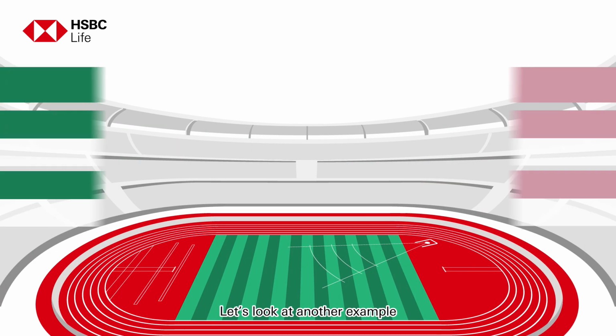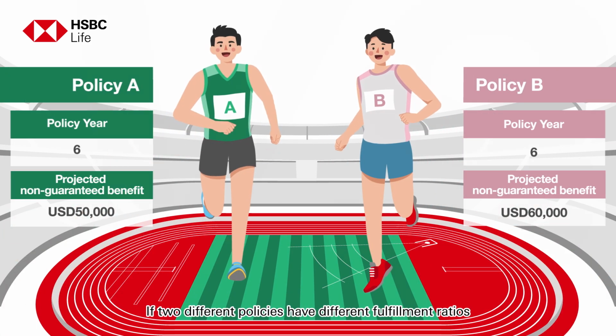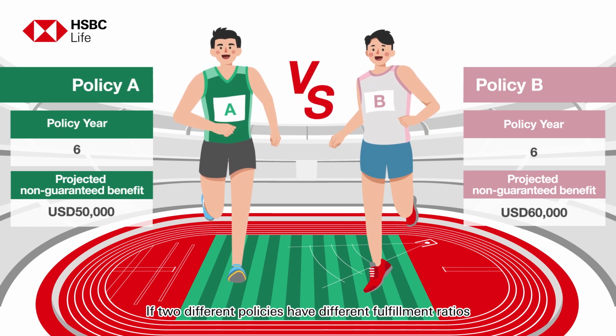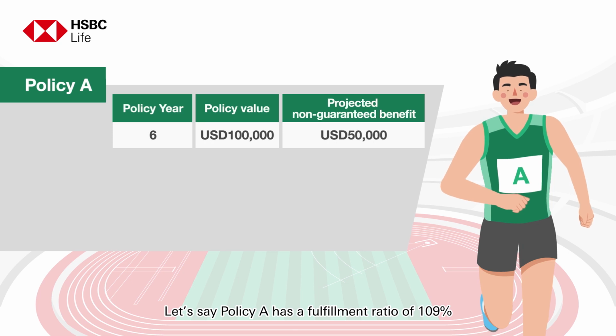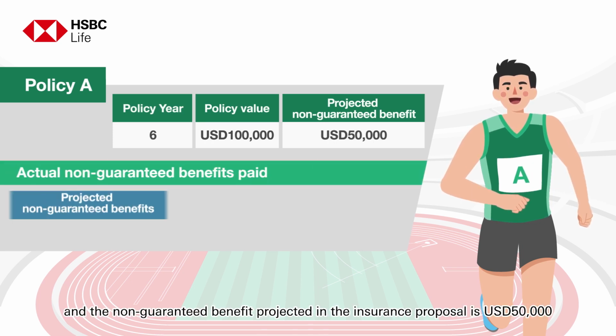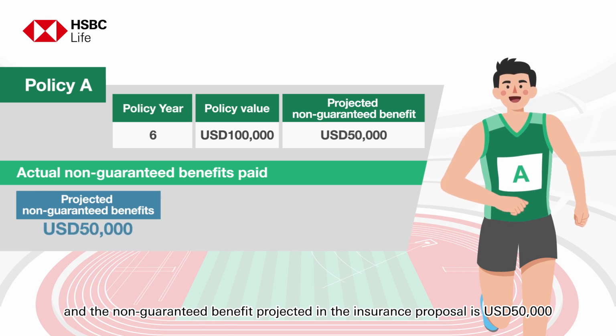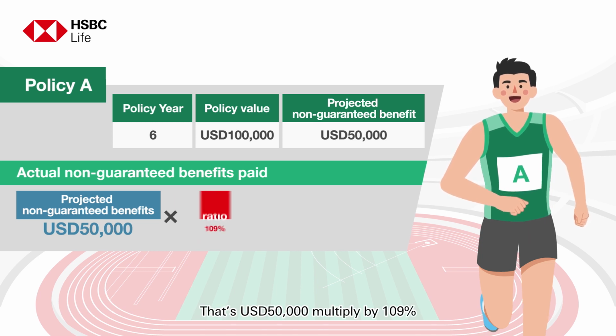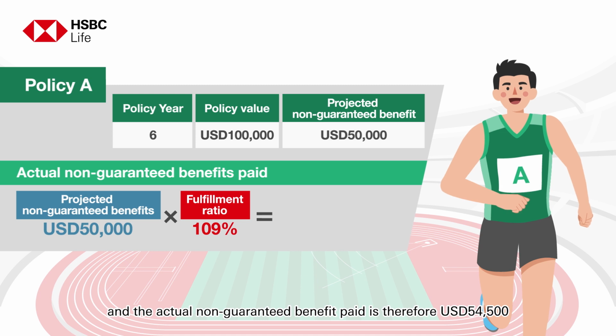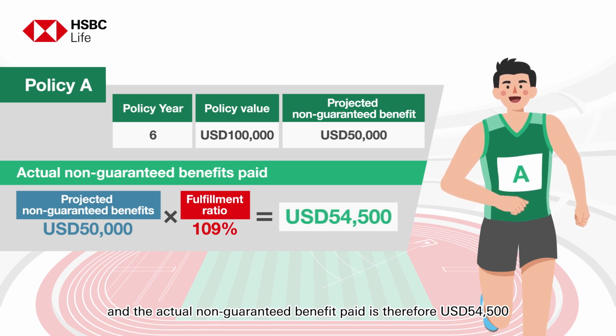Let's look at another example. If two different policies have different fulfillment ratios, how would that affect the results? Let's say policy A has a fulfillment ratio of 109%, and the non-guaranteed benefit projected in the insurance proposal is $50,000. That's $50,000 multiplied by 109%, and the actual non-guaranteed benefit paid is therefore $54,500.